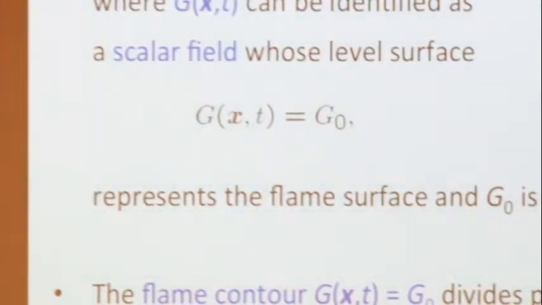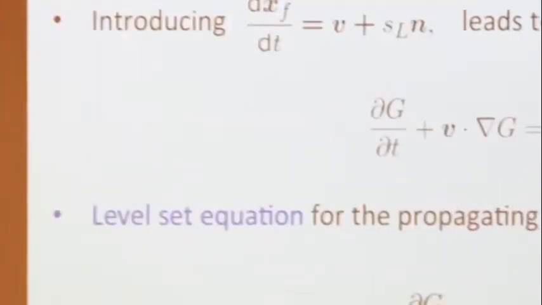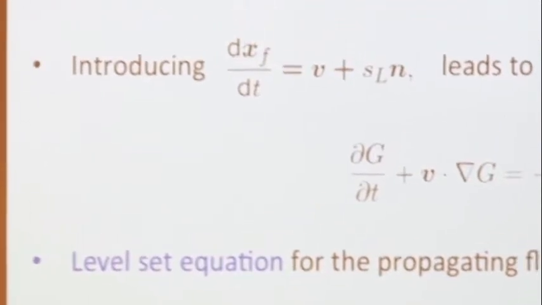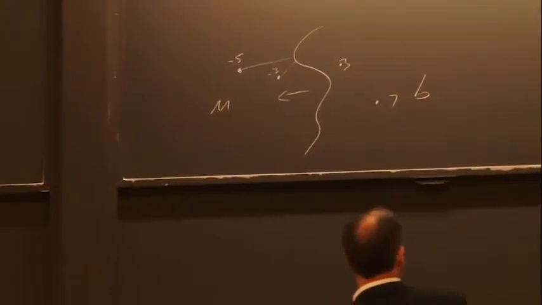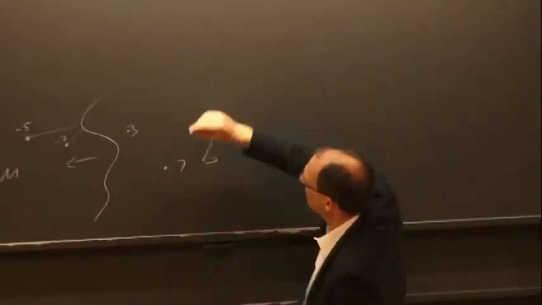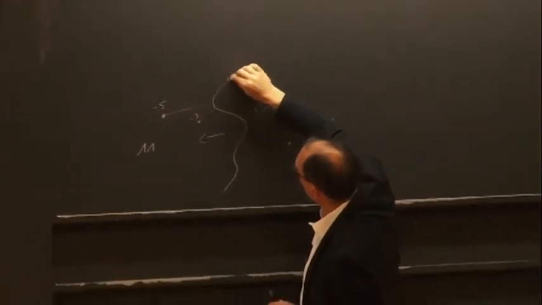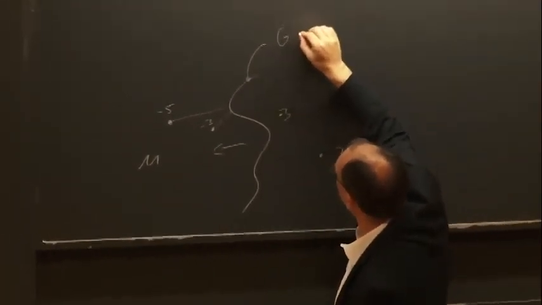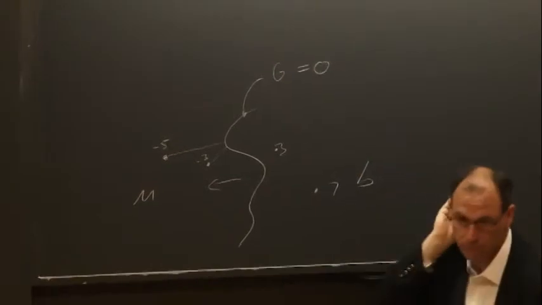Okay? So then we can say the substantial derivative. I need to rewrite these two slides. They're not written very well. But then you can say, on the flame front, G is equal to 0. Okay?